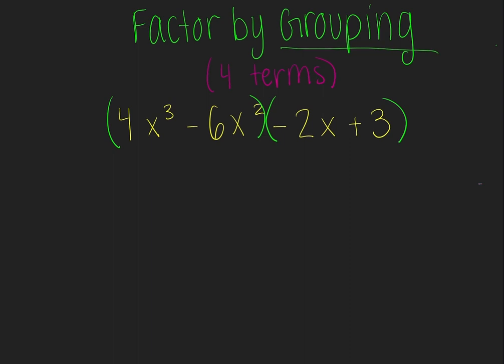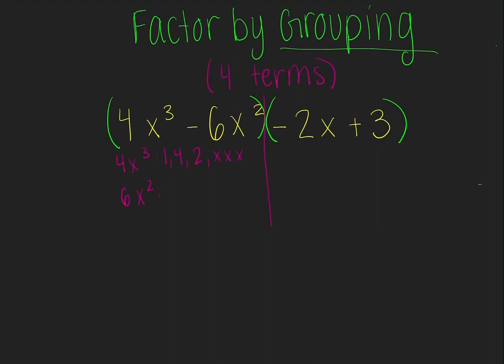So now I am going to find the greatest common factor between each of the parentheses. So let's start with the first parenthesis. I'm going to draw a little line here. I'm going to find the GCF between 4x cubed and 6x squared. So I'm going to write out all my factors. My factors of 4 are 1 times 4, 2 times 2, and I have 3 x's. I only wrote 1, 2 because I didn't want to be repetitive.